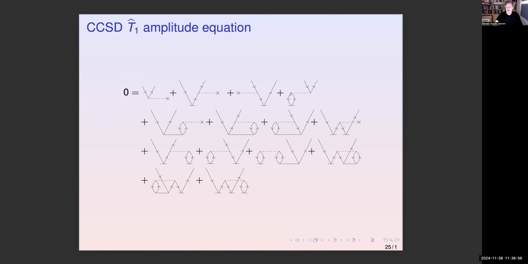Similarly, we have a term here, which is with a two-body operator, which then produces a one particle, one hole excitation. So these are all parts of the equations for the amplitudes where we actually want to drive these to 0. And then you see here that we have a two particle, two hole state, which then interacts with the Fn operator, and that produces a one particle, one hole excitation. But we have an intermediate two particle, two hole excitation.